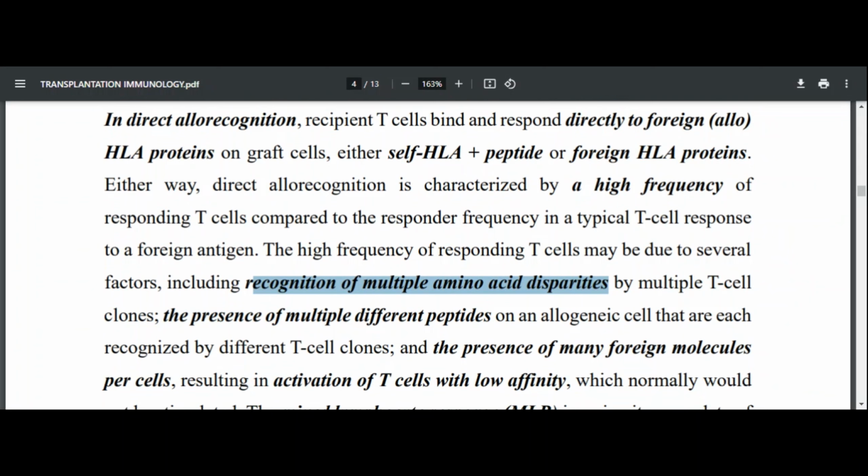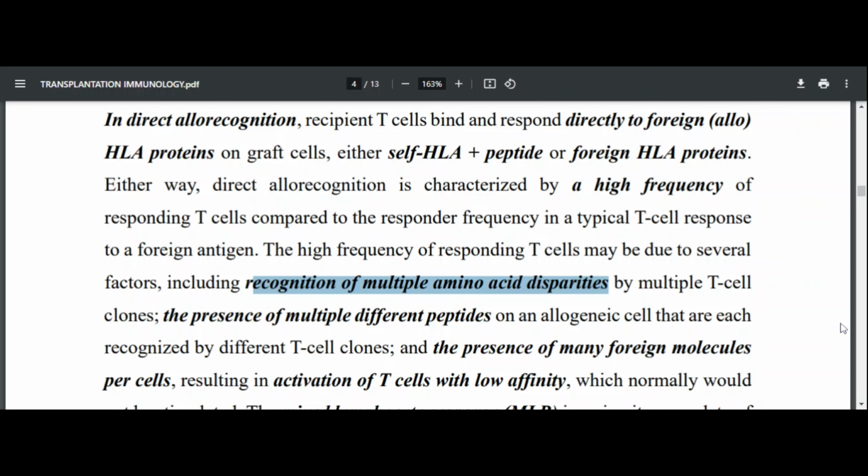There is also the presence of multiple different peptides on the allogeneic cell that are recognized by different T lymphocyte clones, and many foreign molecules per cell resulting in activation of T lymphocytes with low affinity. There are many reasons, but the main one is that human leukocyte antigen exhibits very extensive polymorphism, which makes T lymphocytes activate in multiple clones, making the reaction very high in frequency.